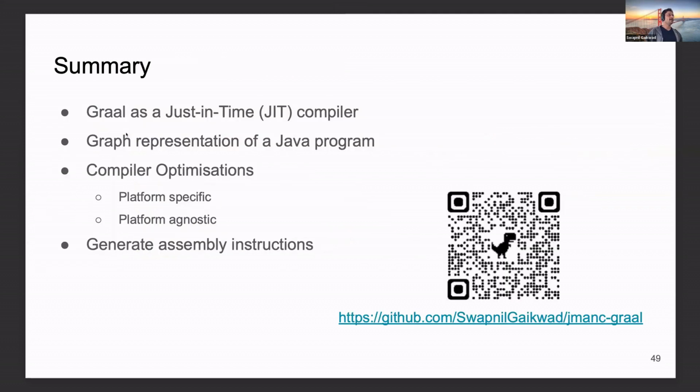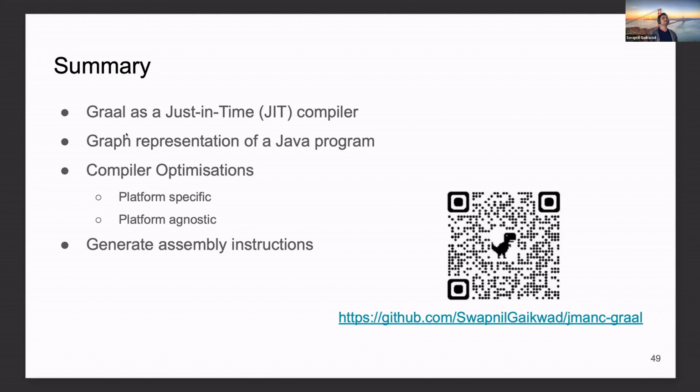So in summary, we looked at Graal as a JIT compiler. How Graal takes your method, the my increment method, and converts it from source program to assembly. Then we looked at the graph representation, how to read it, and how Graal optimizes the graph representation.